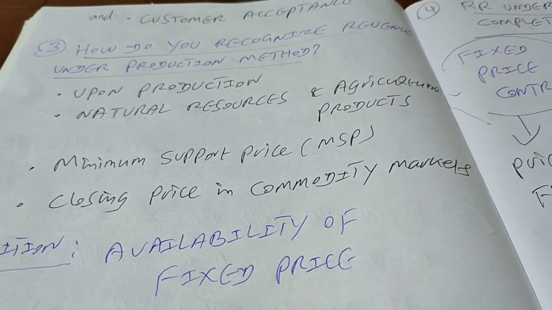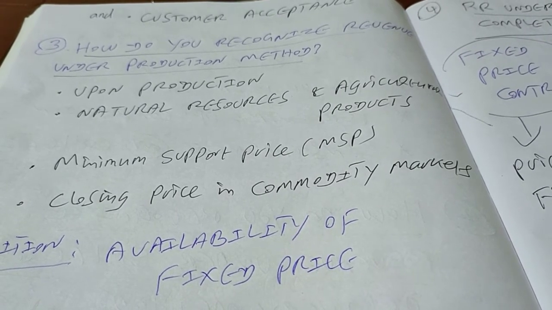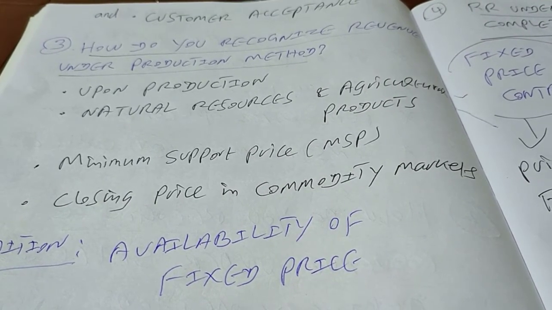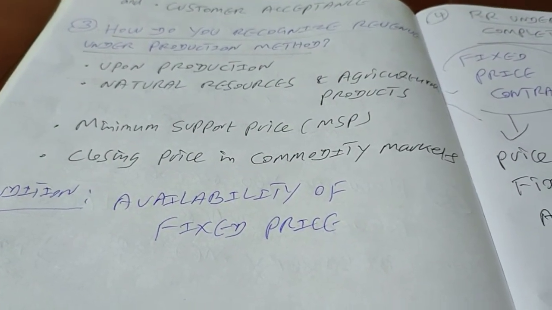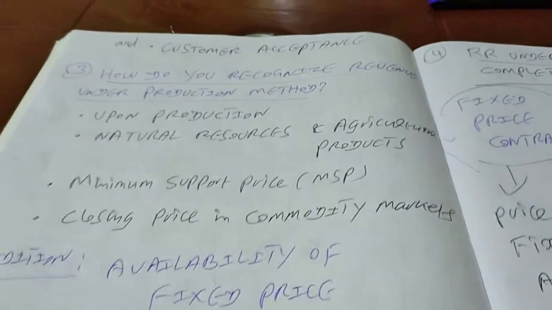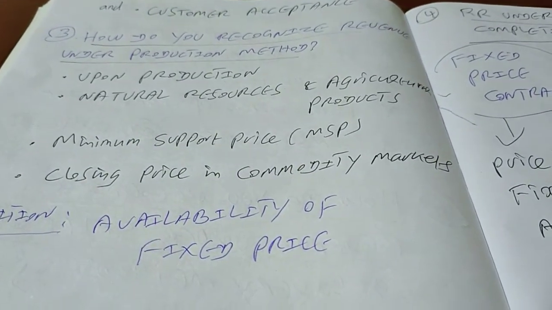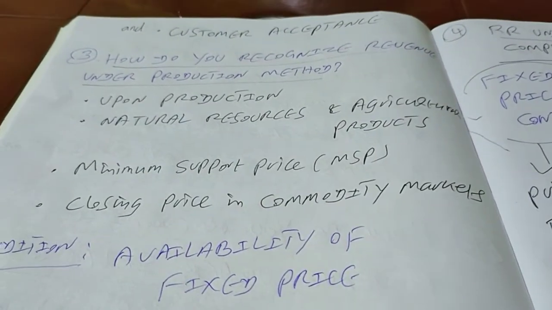The most important condition is that revenue is recognized under production method upon production. That means you have produced the product, you have harvested the product, and you have the availability of a fixed price. If the price is volatile, then you cannot recognize revenue.